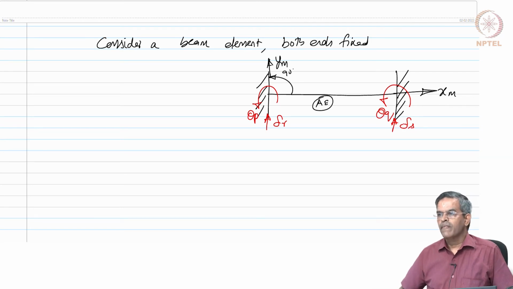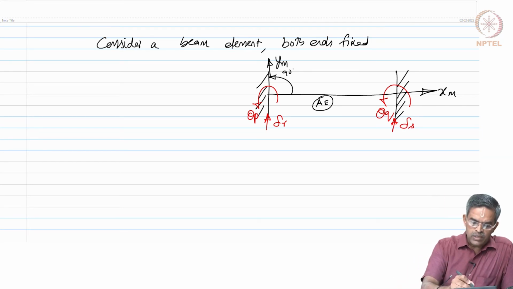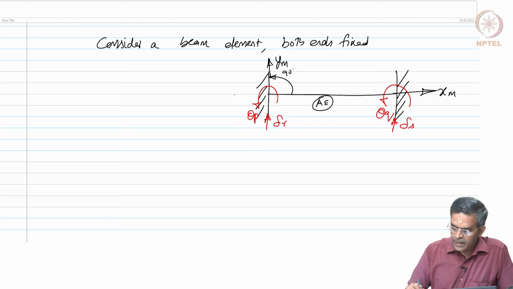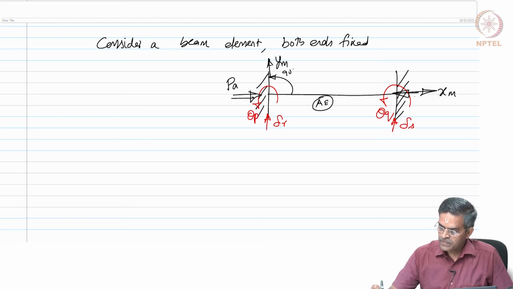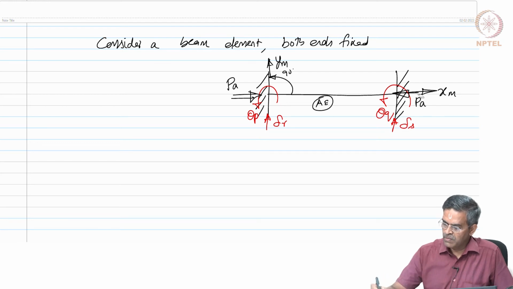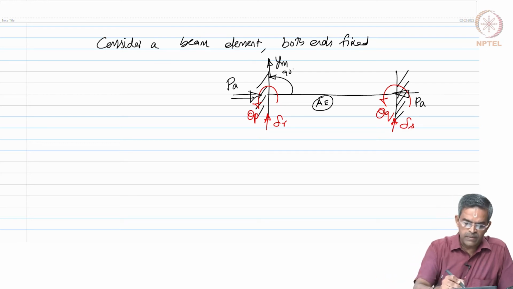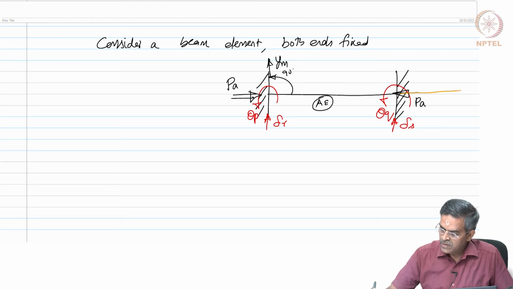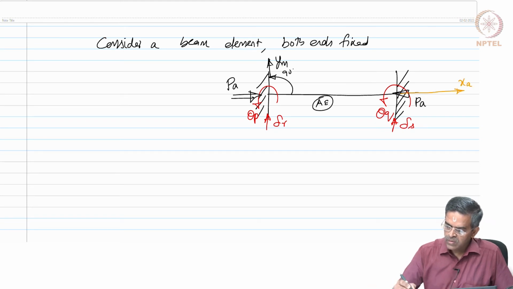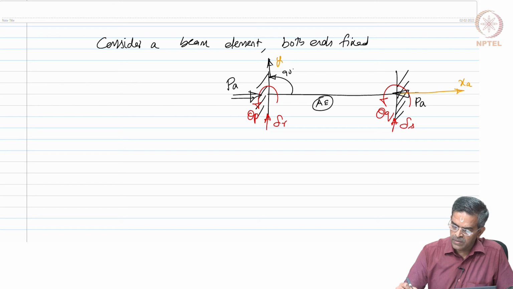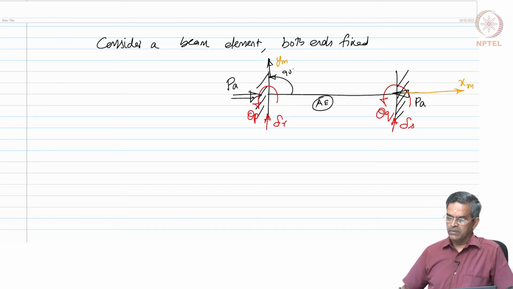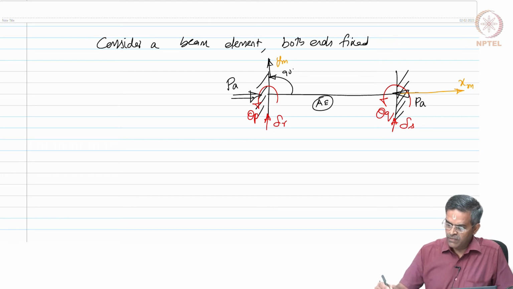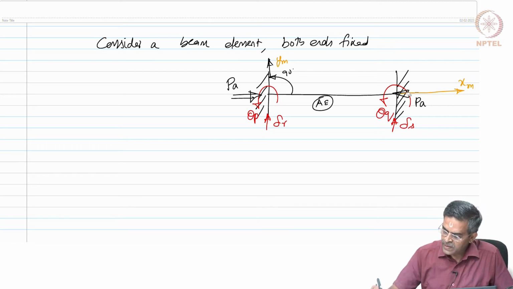It is very clear. In addition to this, I am going to apply an axial force P A at both the ends. Okay, let me mark this xm slightly in a different color so that it does not get confused. This is ym, let me also mark this ym here. This xm, m represents the member, okay, and this is my force which is axial.